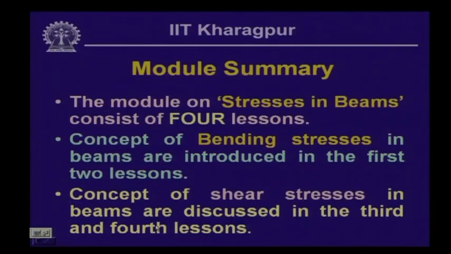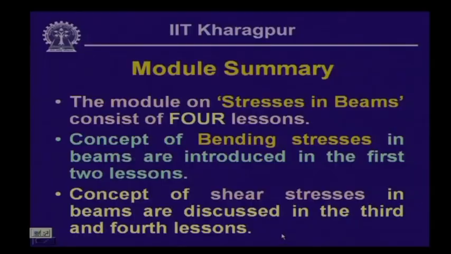In fact, this is the last lesson in this module. This module on stresses in beams consists of 4 lessons, divided into 2 parts. The first two lessons are devoted to bending stresses, and the last two lessons, the third and fourth, are devoted to shearing stresses, and thereby we have seen the effects of the loads in terms of bending and shearing stresses in beams.